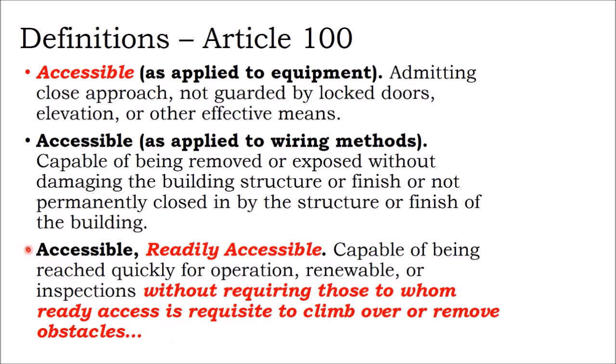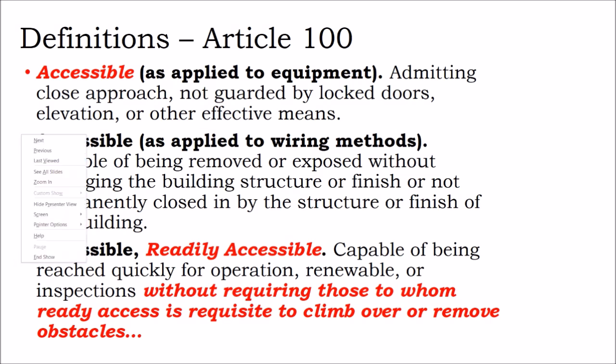And that becomes a little bit tricky because your roof-mounted combiner boxes need to be accessible, but they don't need to be readily accessible. What they want for that disconnect switch is for it to be readily accessible.